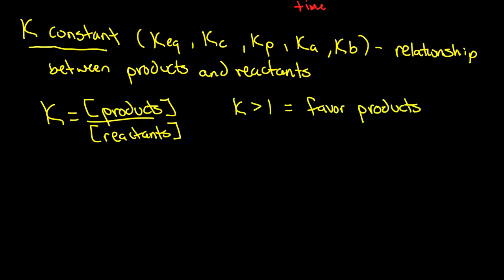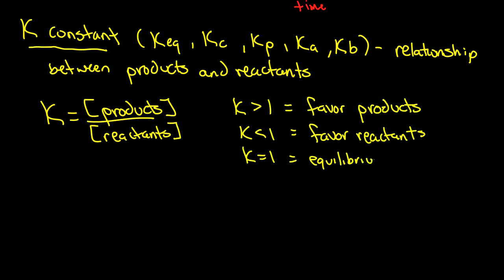If your K value is less than 1, it's going to favor reactants. That means when you're doing your reaction, at the start of it, you're not going to lose as much concentration of your reactants, and you're not going to produce as much concentration of products. And if K equals 1, well, that's just equilibrium. There's a balance between the two.